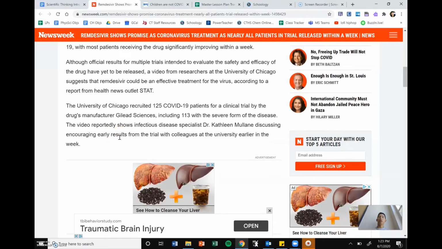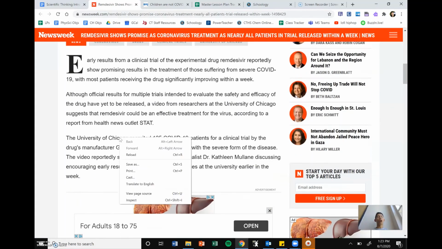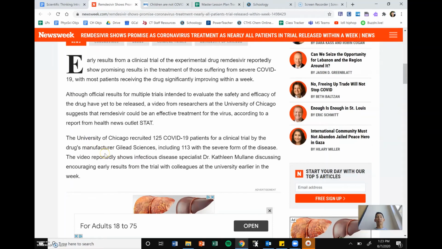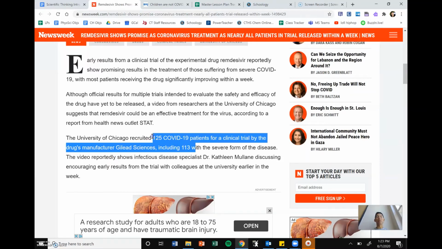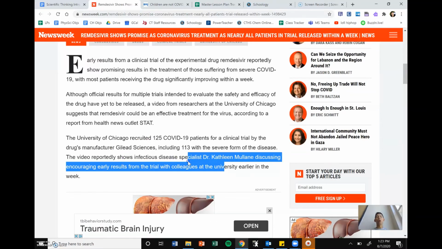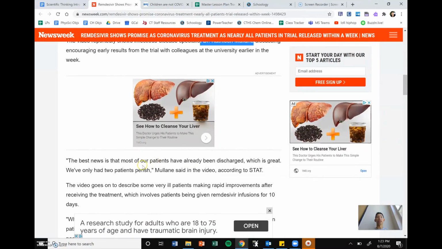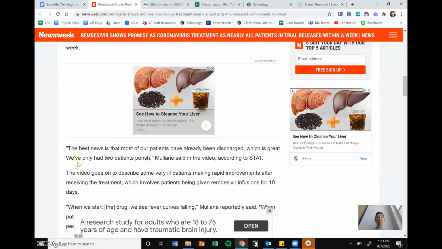So, before we jump down, we already know that there's not a lot of information given on this study. All it's saying is the number of patients involved and that there was a video from a Dr. Kathleen Mullane discussing the results. It's not even clear whether or not this doctor was part of the study. She's just discussing the results.